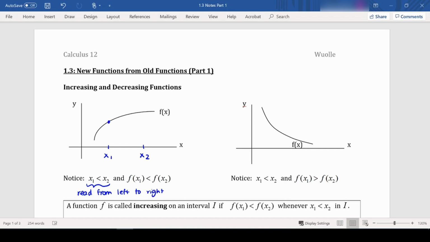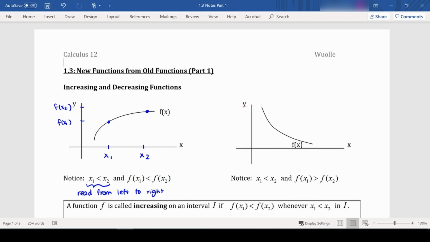Then the corresponding points, f of x1 and f of x2, also increase as you read left to right. Okay, so as x increases, y increases.